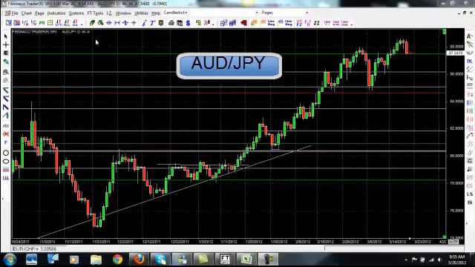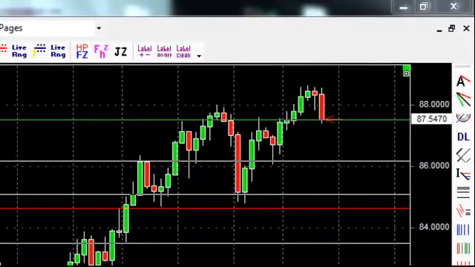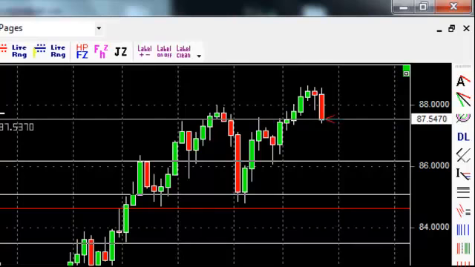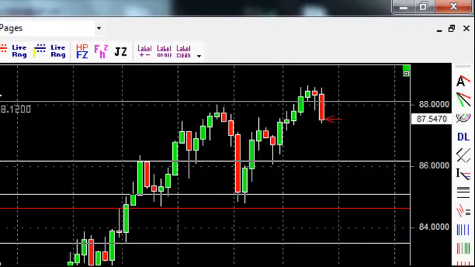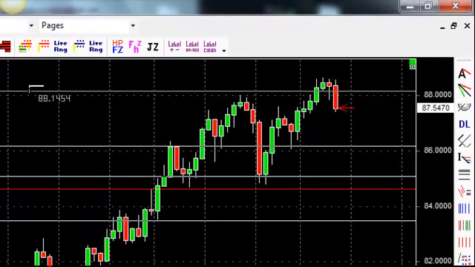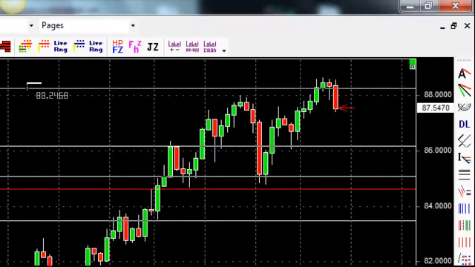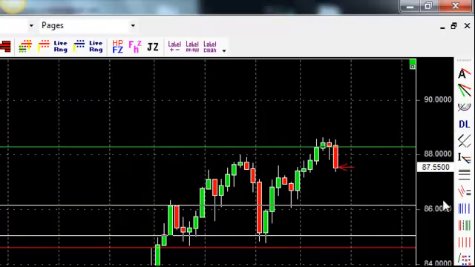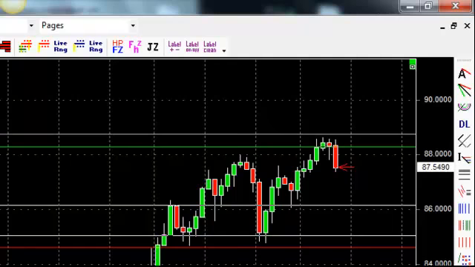So I'm going to show you where we got in. We sold the Aussie yen at 88.30. Okay, so we sold right here, about right there. Let's see if I can zoom this down a little bit more. And then we put a stop loss at 88.83 above these highs.